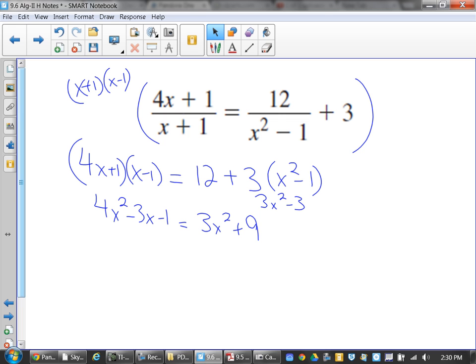Now we set it equal to 0 to get a solution. What's 12 minus 3? So now you want to set it equal to 0. What side do you want to move? The right side or the left?